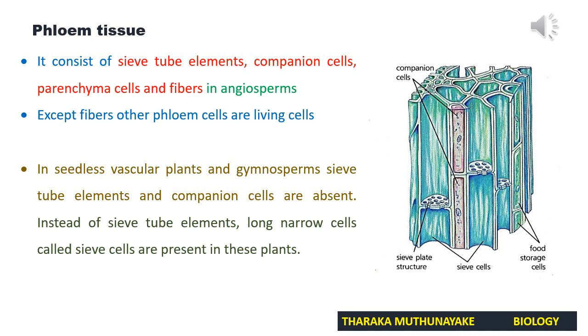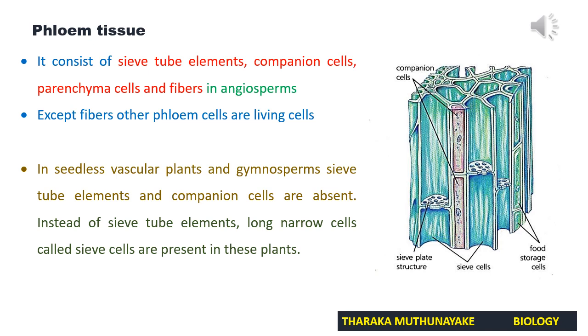Look at that. In seedless vascular plants and gymnosperms, sieve tube elements and companion cells are absent. Instead of sieve tube elements, long narrow cells called sieve cells are present in these plants. In angiosperms, phloem translocation, that means movement of food within the phloem, happens through the sieve tube element.